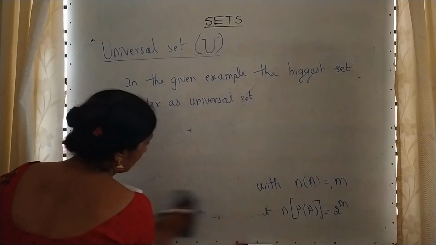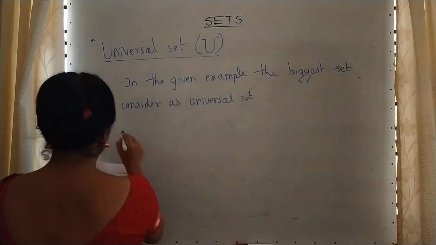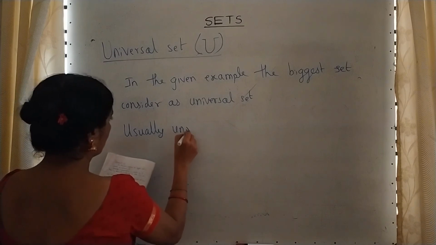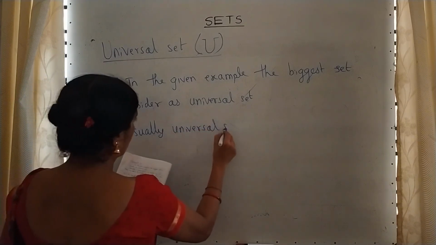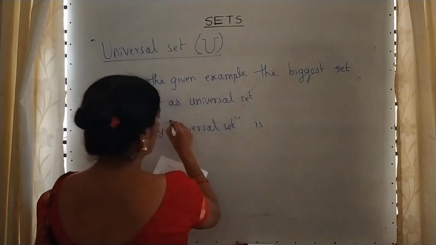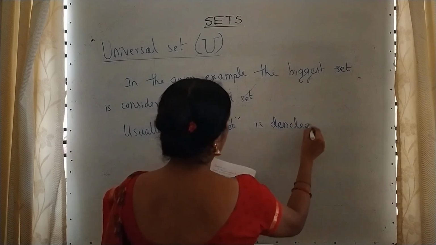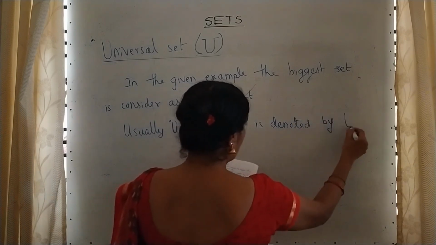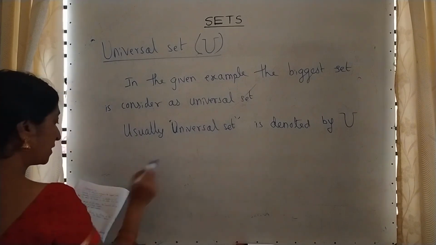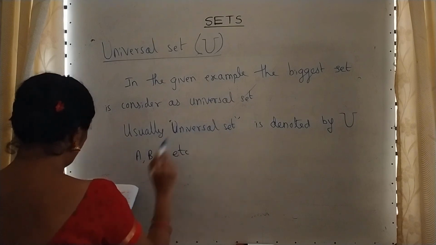Usually the universal set is denoted by U. I already gave that. The universal set is denoted by U, and its subsets are denoted by the letters A, B, C, etc.